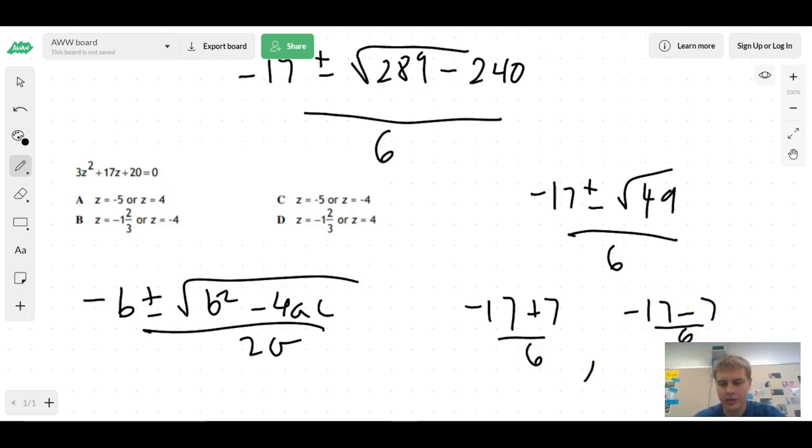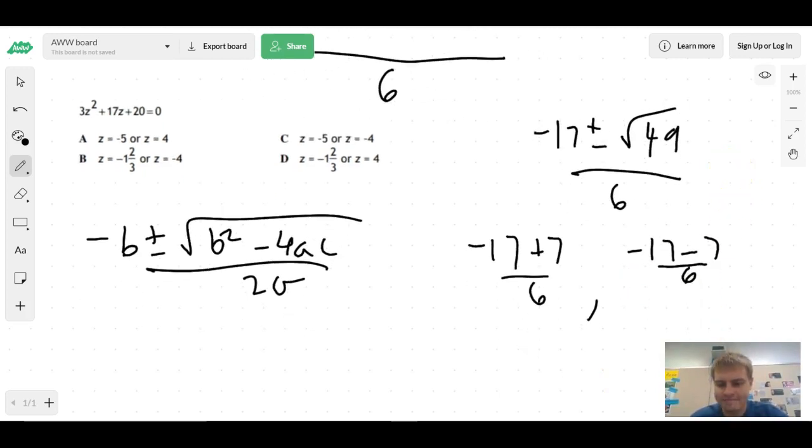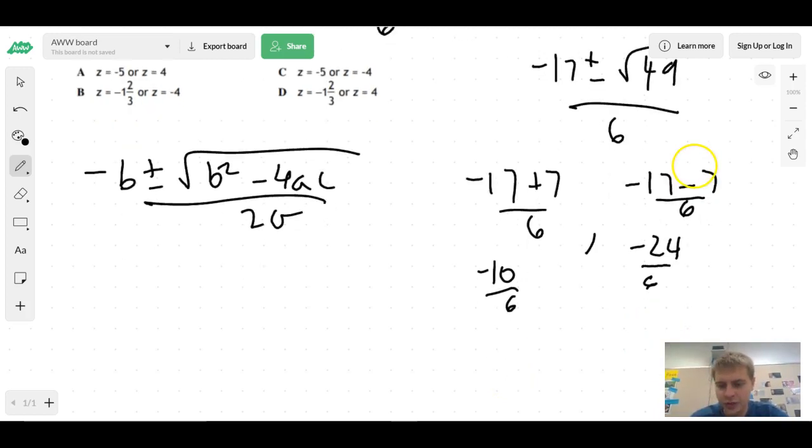So then when I do that, negative 17 plus 7 would be negative 10 over 6, and this one would be negative 24 over 6, which this one would give me negative 4, and this one would give me that fraction that they have reduced. So it looks like B would be my final answer.